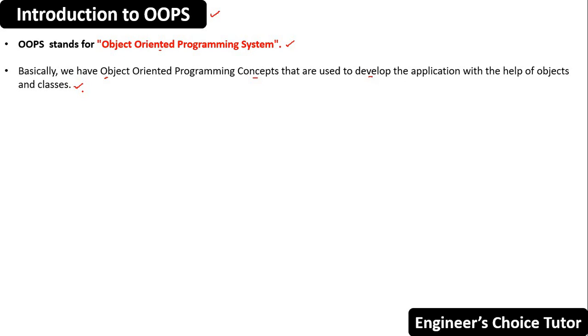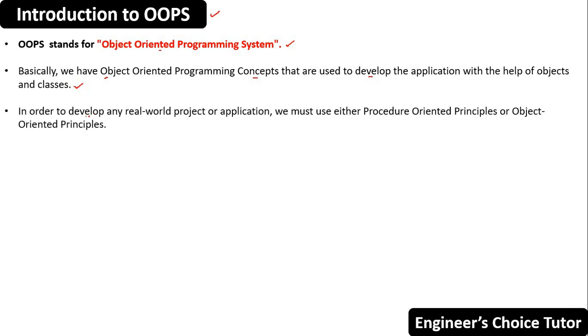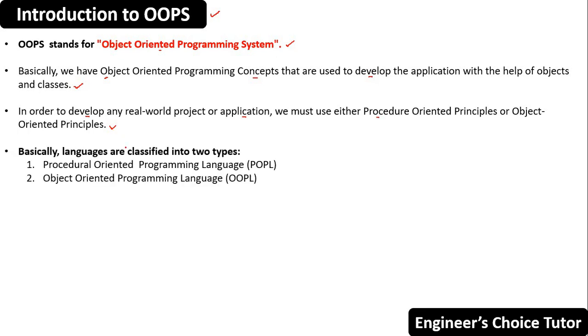Fine. So, in order to develop any real world project or application, we must use either procedure oriented principles or object oriented principles. So basically, languages are classified into two types. First one is procedural oriented programming language, and the second one is object oriented programming language.